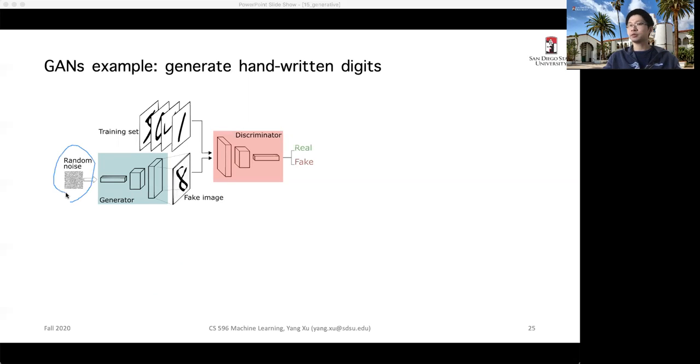So there's no information at all at the beginning. It will generate some fake images at this step, and the fake images will be compared with the real images from the training set. And the discriminator will make such a comparison and make the predictions of whether this is real or fake.